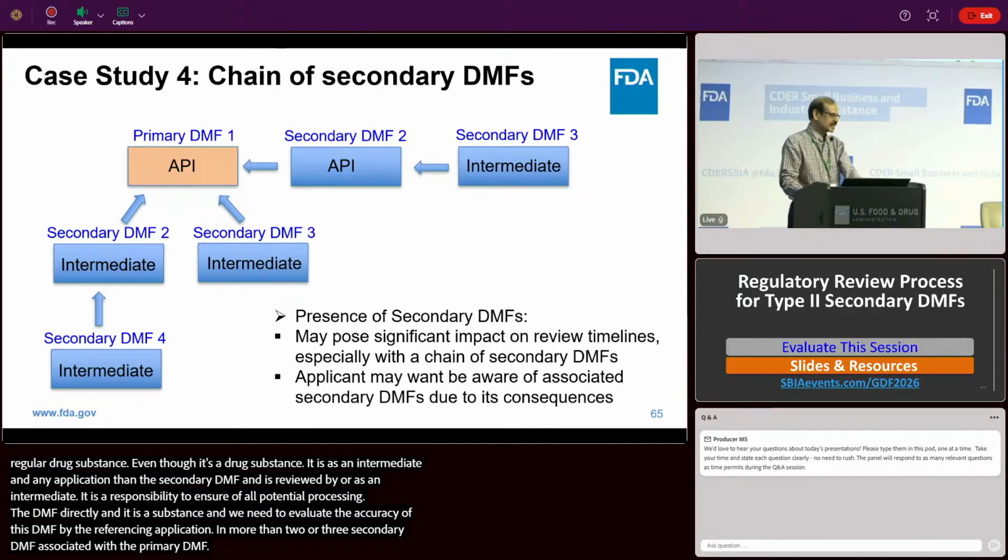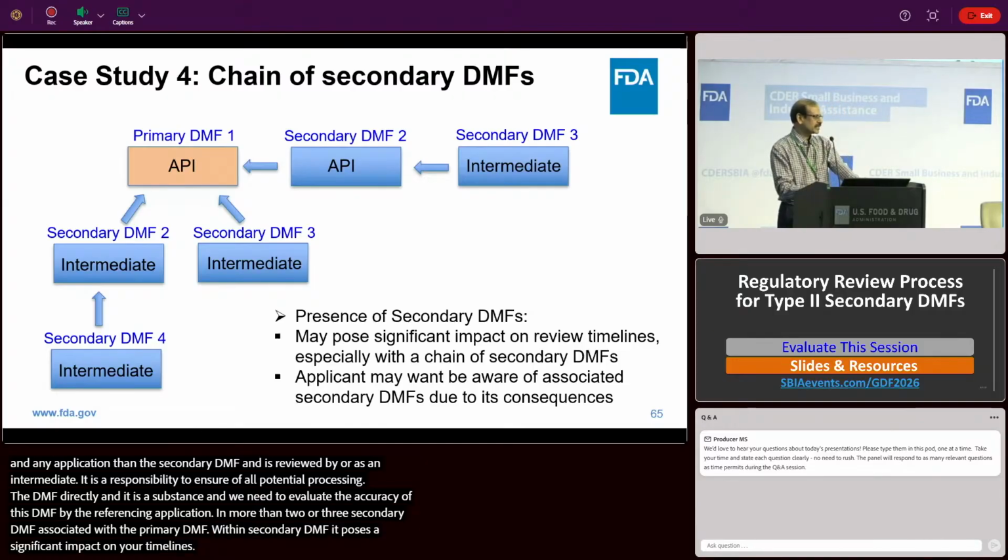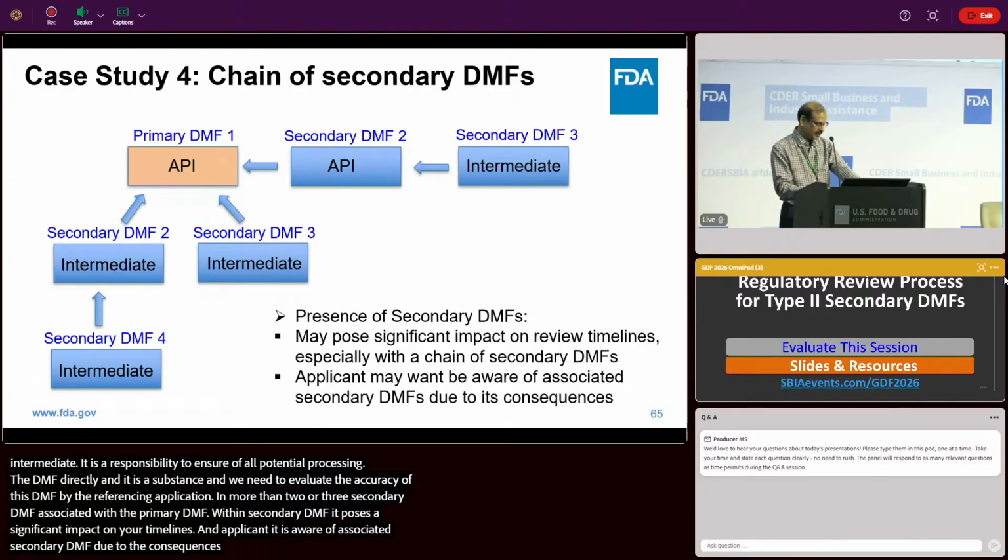So, the presence of secondary DMFs poses a significant impact on review timelines, especially when a chain of secondary DMFs is associated. Applicants may want to be aware of associated secondary DMFs due to their consequences, which I will be touching on in the regulatory aspects.